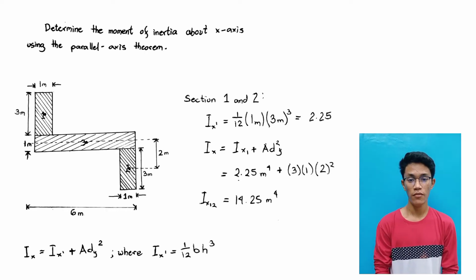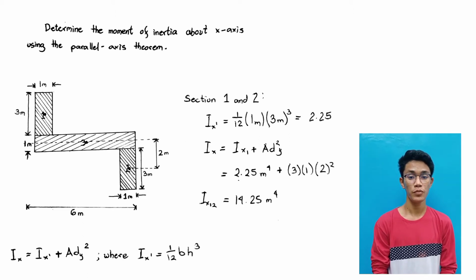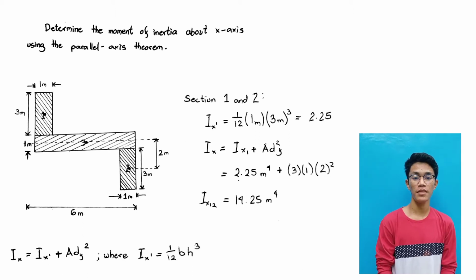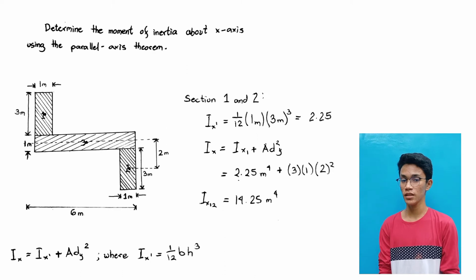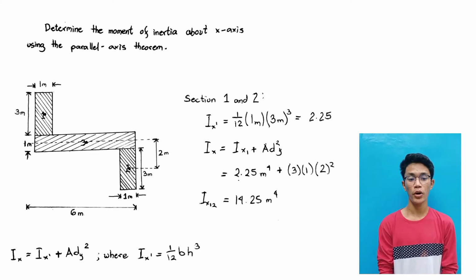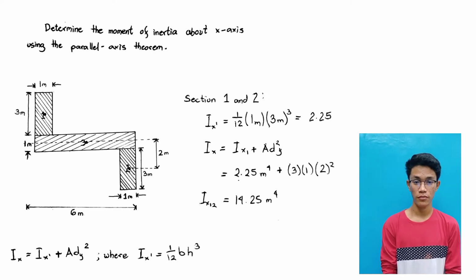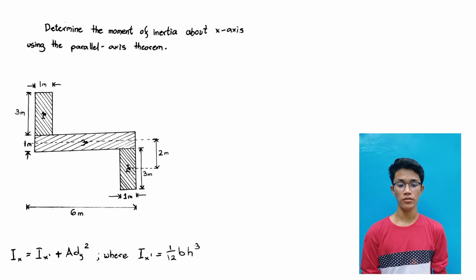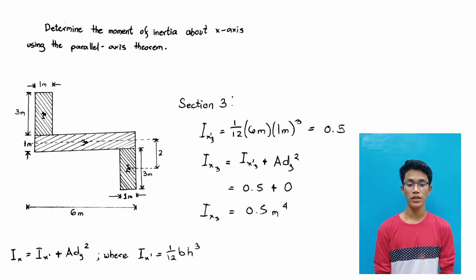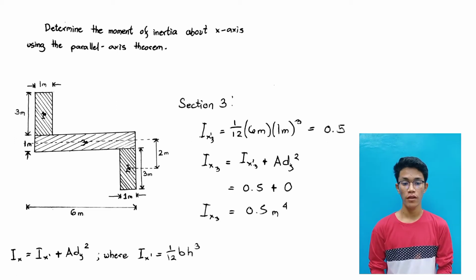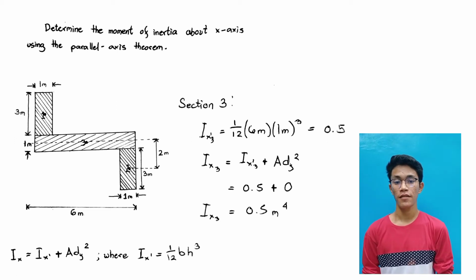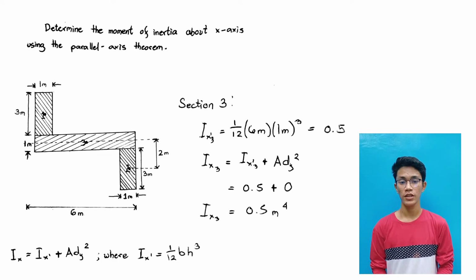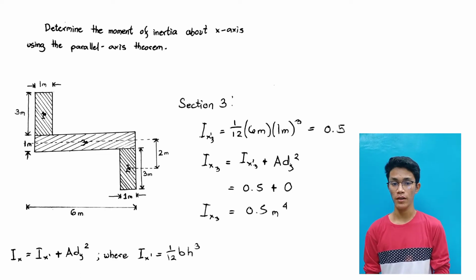By adding it with the value of A d squared, we can get that the moment of inertia of the section 1 and 2 is 14.25 meters raised to 4. Let us proceed to section 3. The Ix prime is equal to 1 over 12 times 6 times 1 raised to 3, which is equal to 0.5.